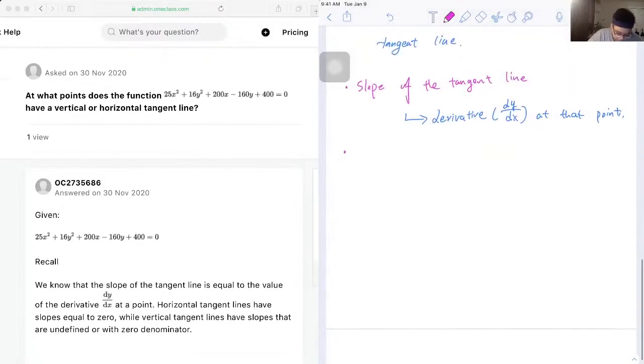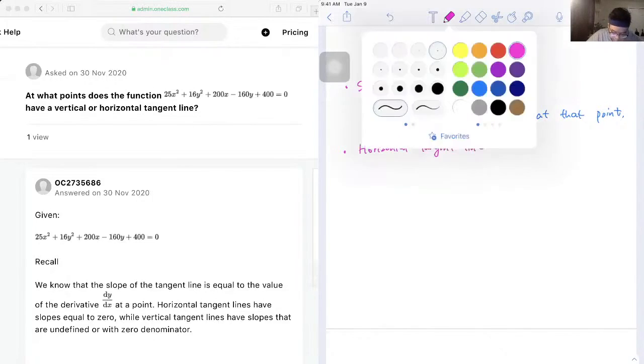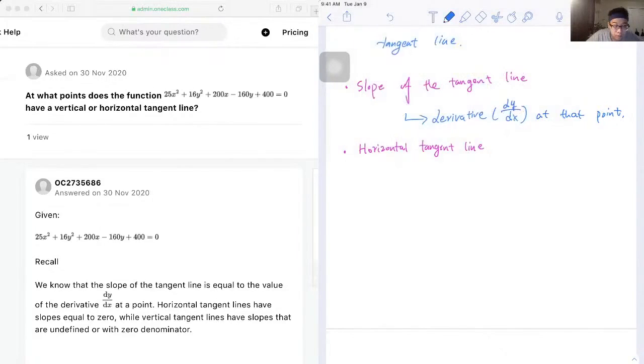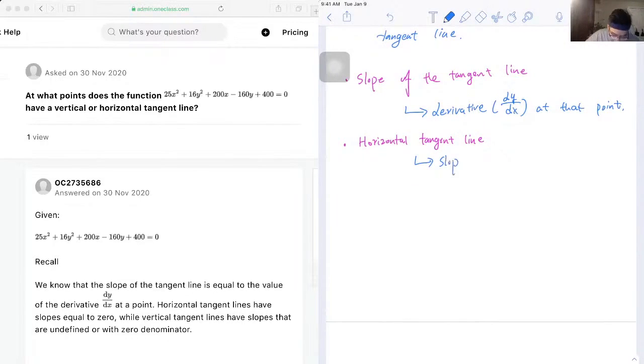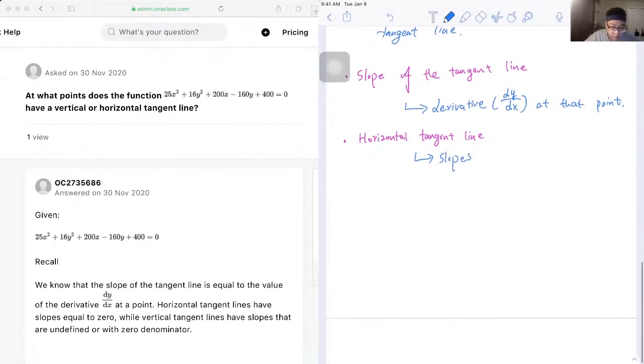Second thing we need to know is if we talk about a horizontal tangent line, its slope is equal to 0.